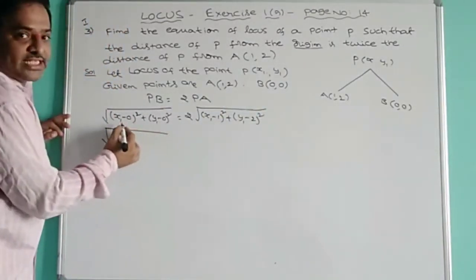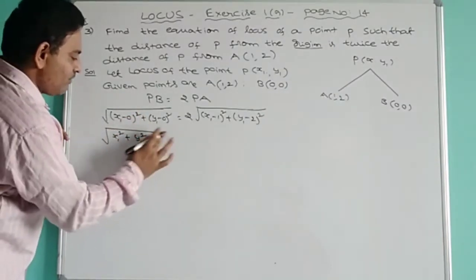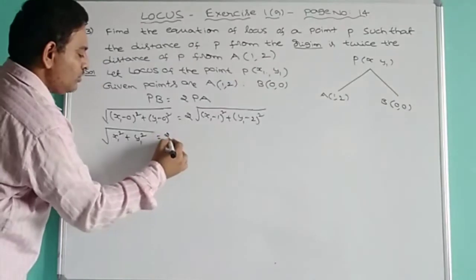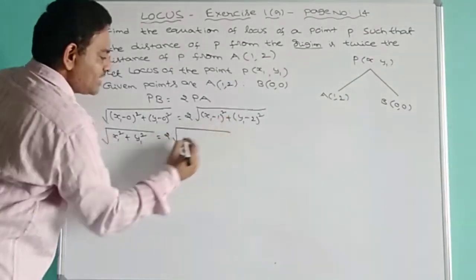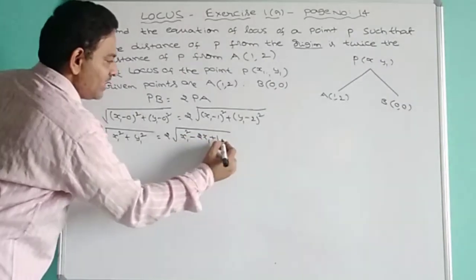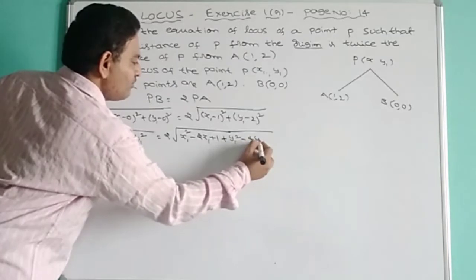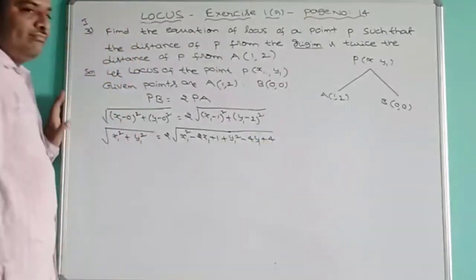That is root of x1 square plus y1 square equals 2 into root of, expanding, x1 square minus 2x1 plus 1 plus y1 square minus 4y1 plus 4.